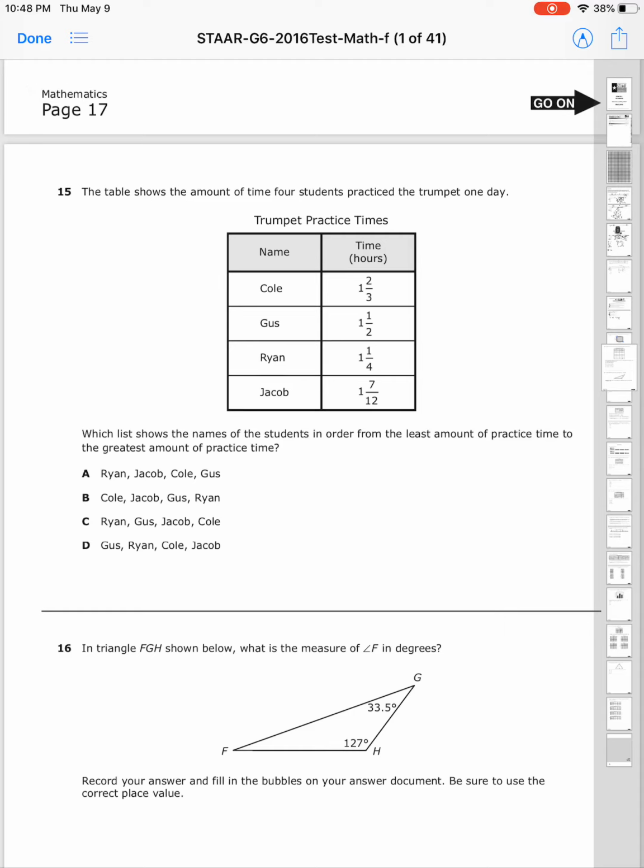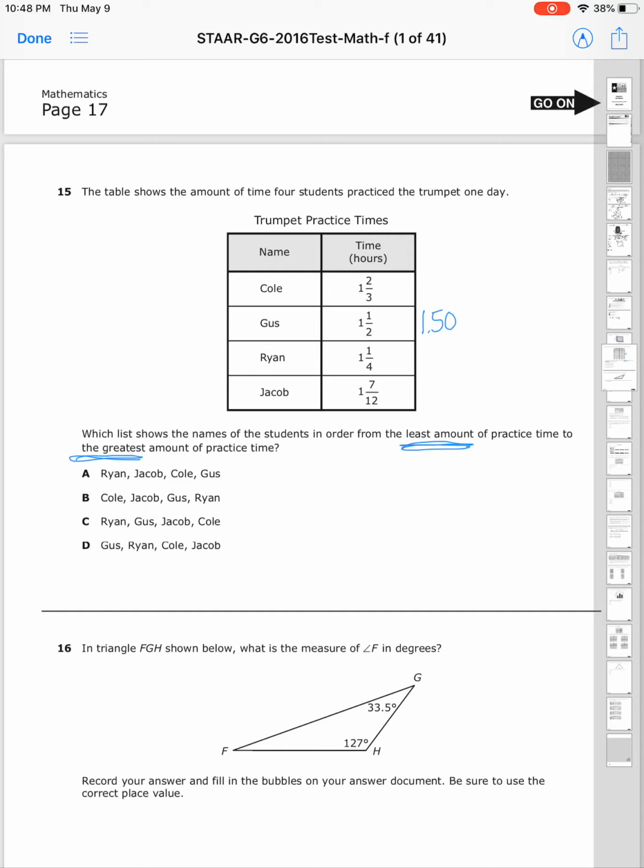Okay, number 15. Which list shows the names of the students in order from the least amount of practice to the greatest? So I'm going from least to greatest. And once again, I need to put these fractions to decimal forms. So I know that this is 1.5.